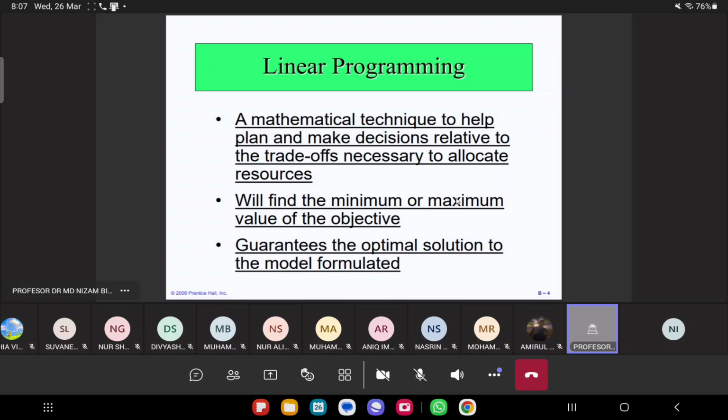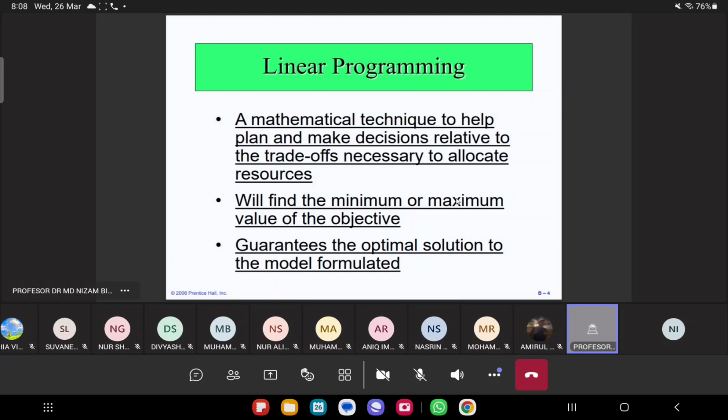These linear programming techniques will assist you in making decisions on how to best use your resources so that you can maximize your profit or minimize your cost. That's what linear programming is all about. It's a mathematical technique that helps you make decisions on how to use your resources in order to meet your objective, whether maximizing profit or minimizing cost or whatever it is.